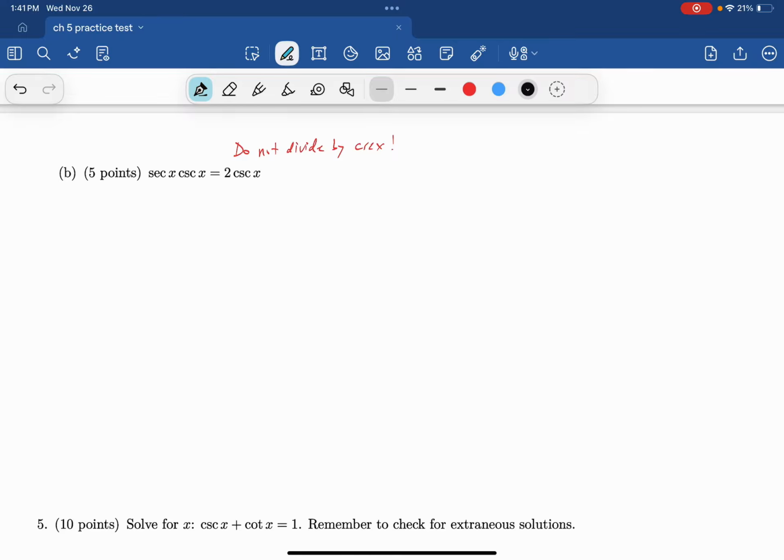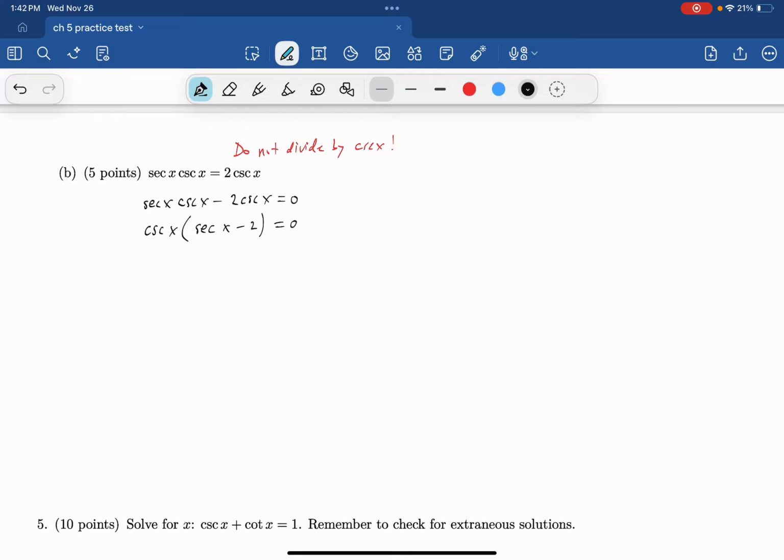Okay, instead, what we have to do is factor by moving all the terms to the left side. So this becomes secant x cosecant x minus 2 cosecant x. This allows us to factor out a cosecant x, and we're left with secant x minus 2.